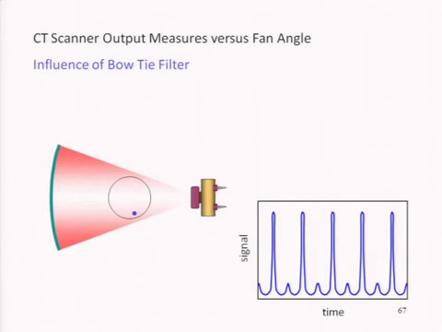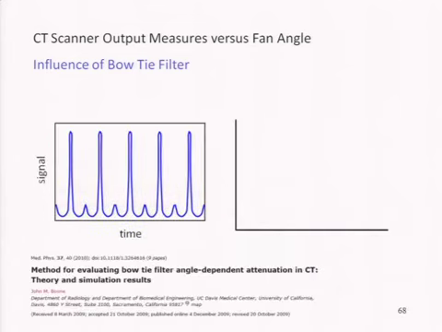And this trace, it turns out, and I wrote a paper about this, at the peak it happens to be when the source is closest to the probe, and at this point it's when the probe is furthest away in the gantry from the probe. And so these two values actually correspond to the inverse square law.